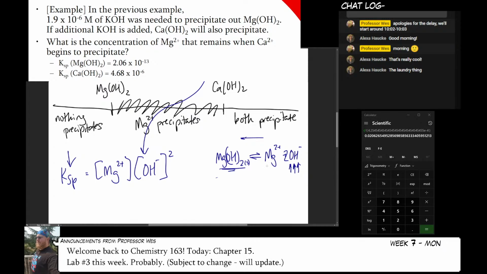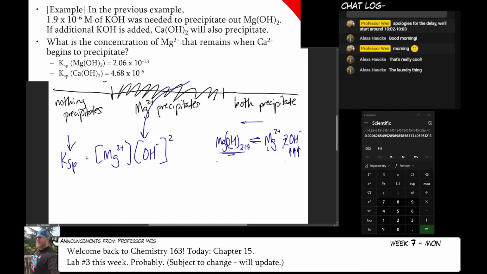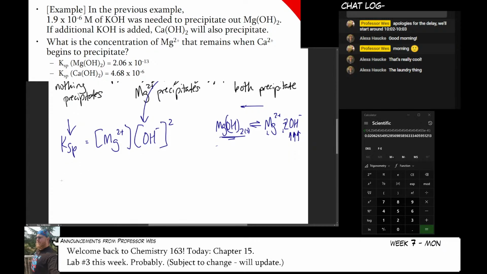And this number is going to be reduced as a result so that I could also consume the hydroxide that I've added. So I should be expecting a really tiny amount of magnesium. And you totally do get that. So if I say KSP divided by hydroxide squared, that'll tell me how much magnesium is in here at this concentration of hydroxide.